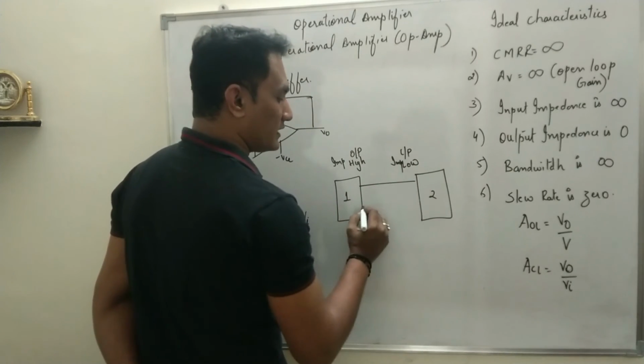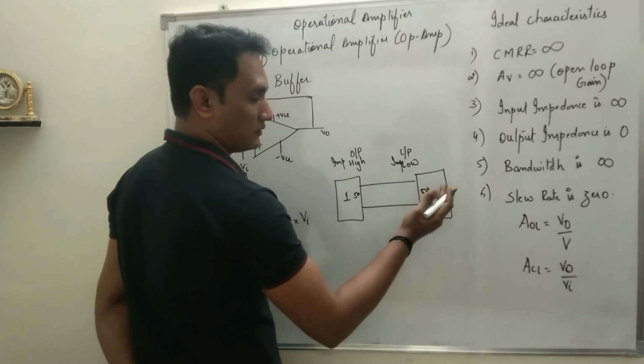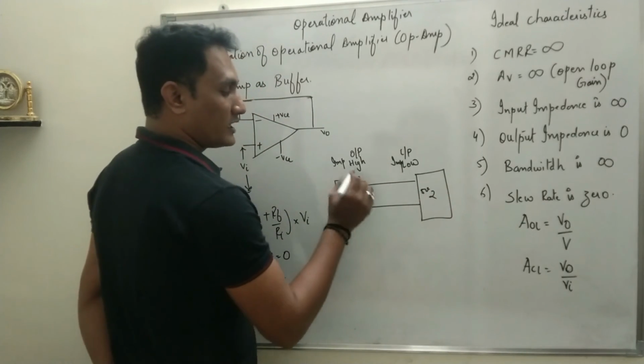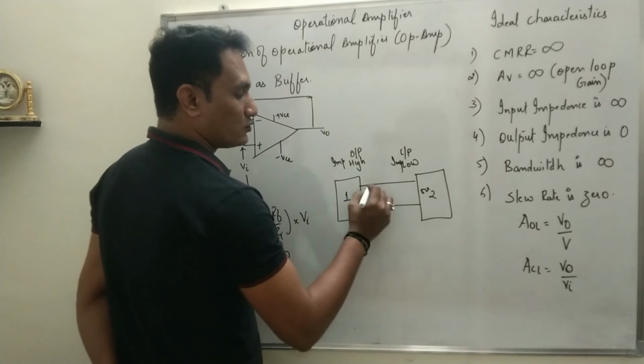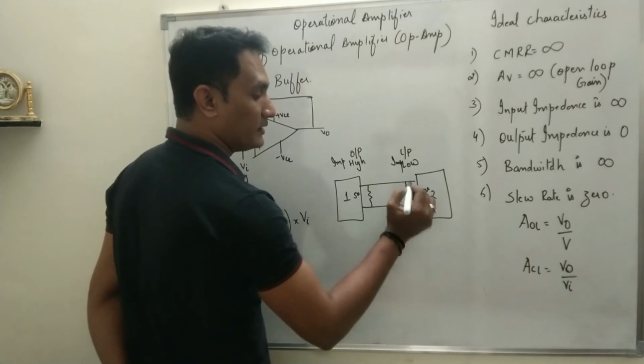Now if these two circuits have to be connected, say 5 volts is to be transferred to the second circuit. But as soon as you connect these two circuits, the output impedance of the first circuit, say I draw it as a resistance, and the input impedance come in parallel.